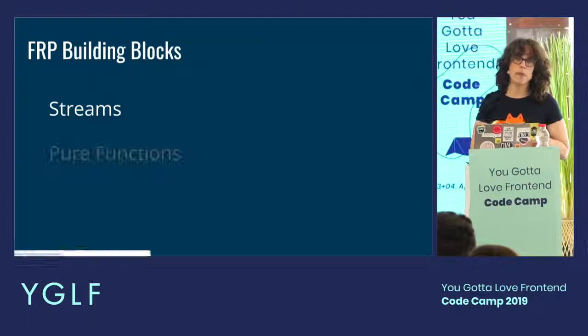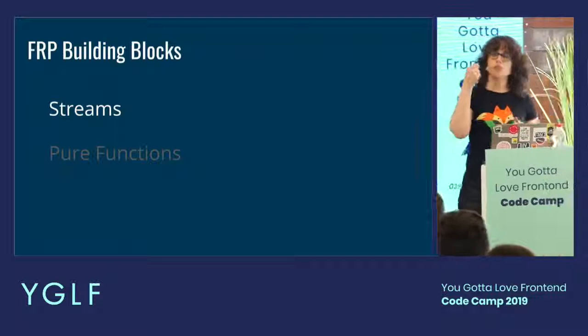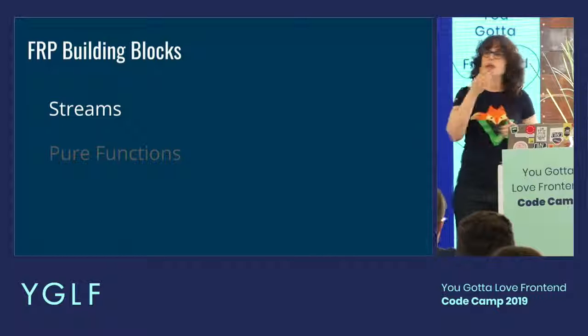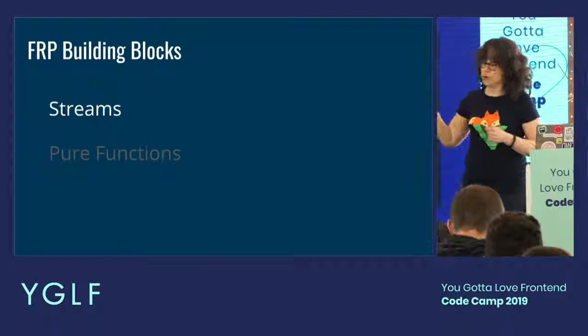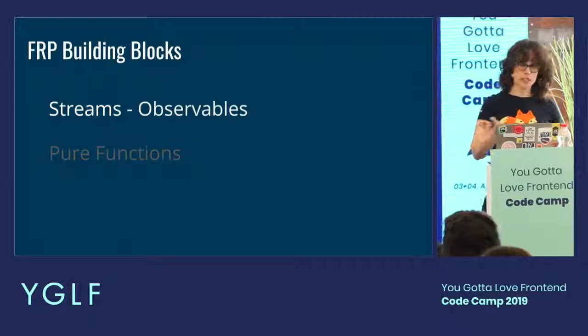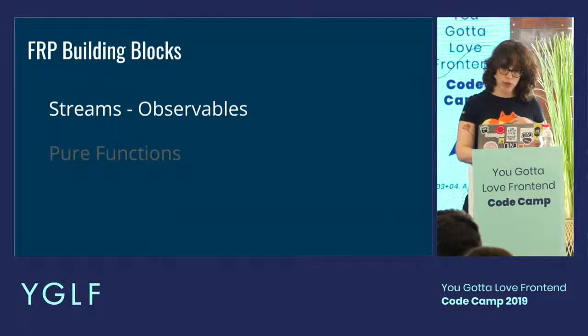So streams are a type that emits values over time. This means that a stream is characterized both by the kind of values it emits and by when it emits those values. In RxJS, they're called observables, and we can actually see one of these in the wild if we go looking at our code.